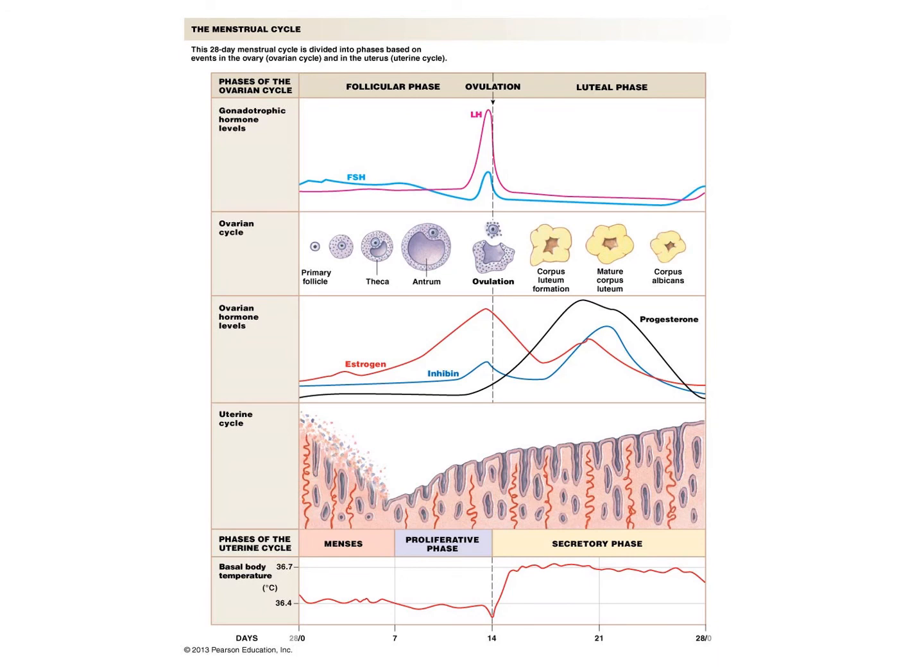So for me, it's really important for you to truly appreciate this particular graph, to see how these peaks and troughs and the drop in progesterone really affect the inner linings of the uterus, the ovary, production of egg, and preparing for the next ovulating cycle.